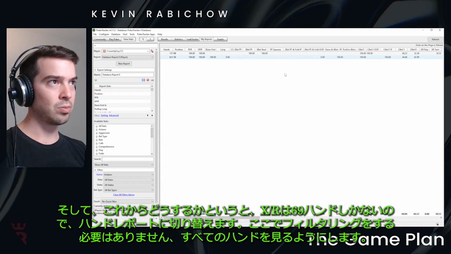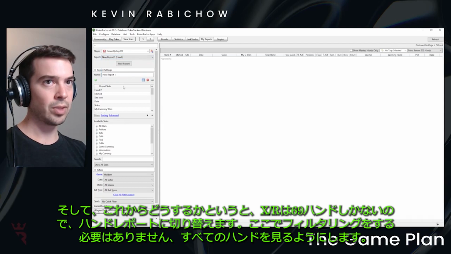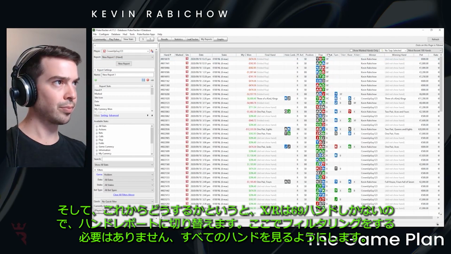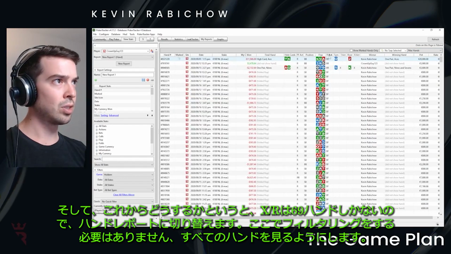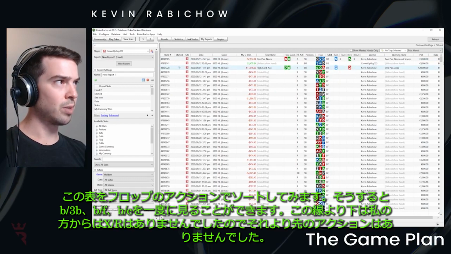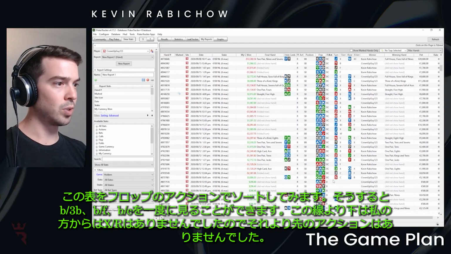And what we're going to do, because there's only 69 check-raises, is switch over to the hand report. I'm not going to bother filtering here. I'm just going to look at all hands, and sort this table by flop action. That way we can see the bet 3-bets, the bet folds, and the bet calls all in one place.